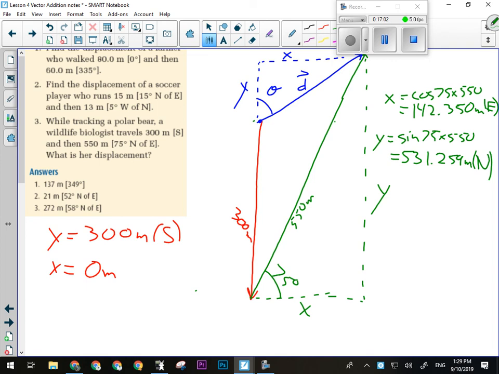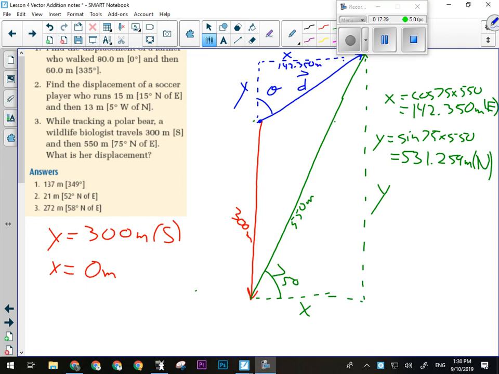Now I can find blue y and blue x. Finding blue x is easy because I only have one x component here that's not 0. However far east I went during the green vector is how far east I went in total, and that's 142.350. So I don't even really have to do any math on that one. It's just already there. So 142.350 meters east.